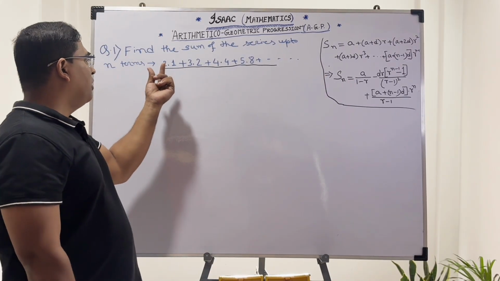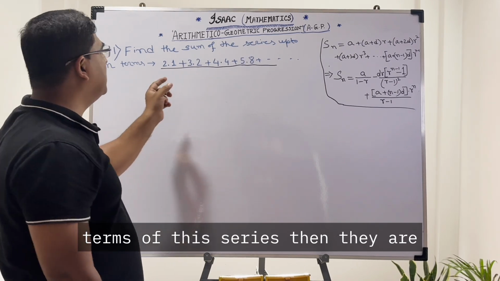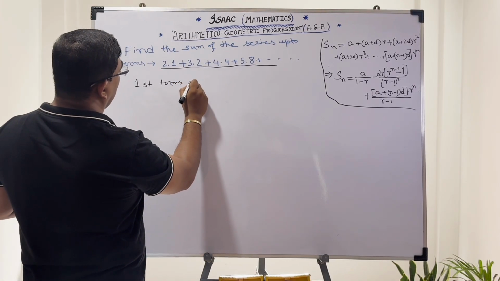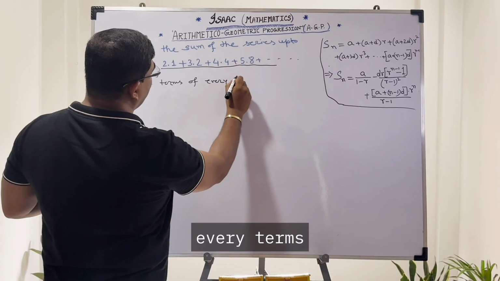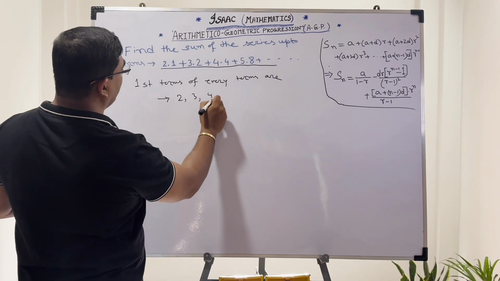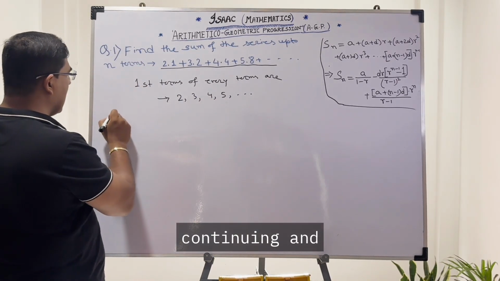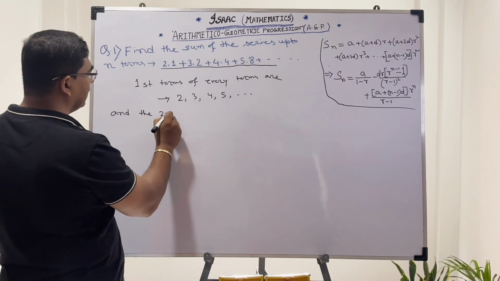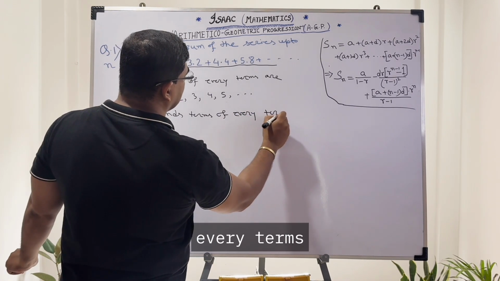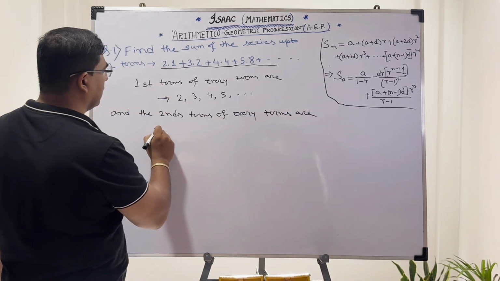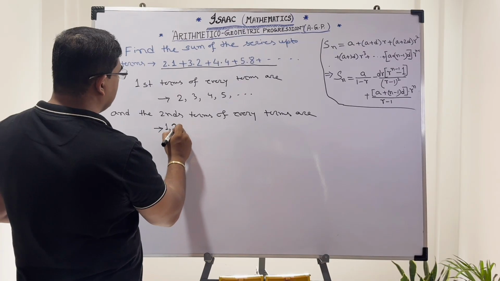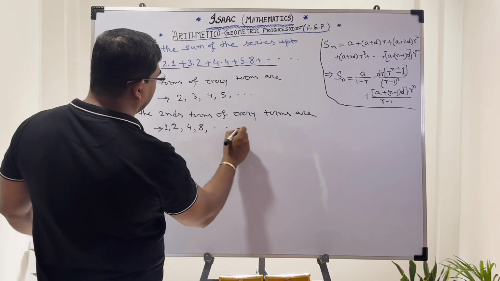If we follow the terms of this series, the first terms of every term are 2, 3, 4, 5 and so on, and the second terms of every term are 1, 2, 4, 8, continuing.